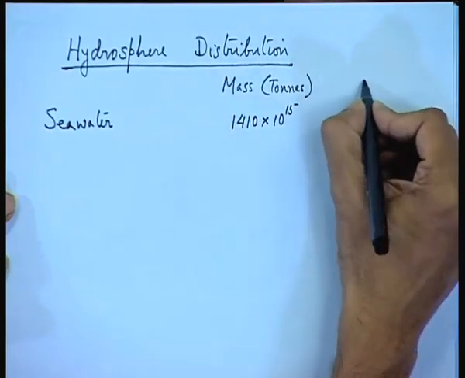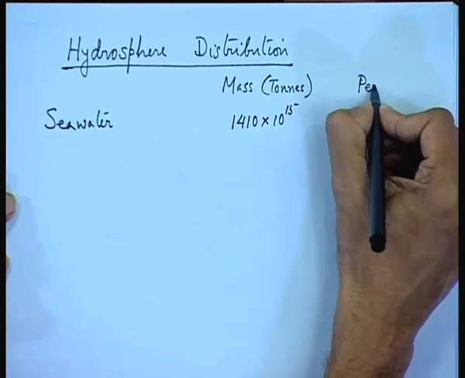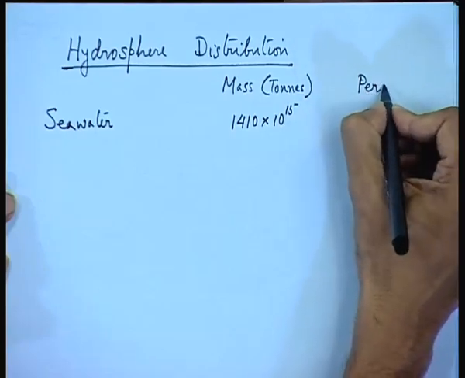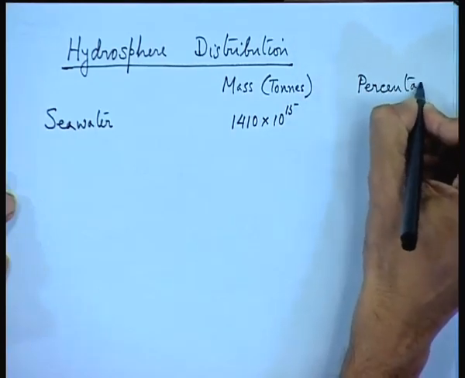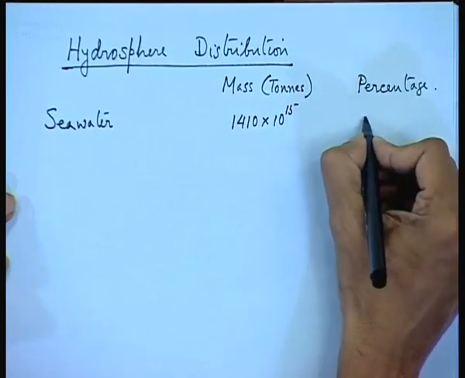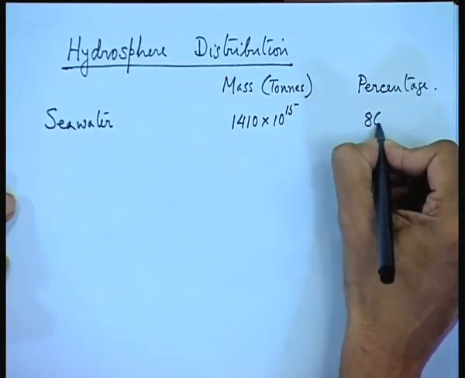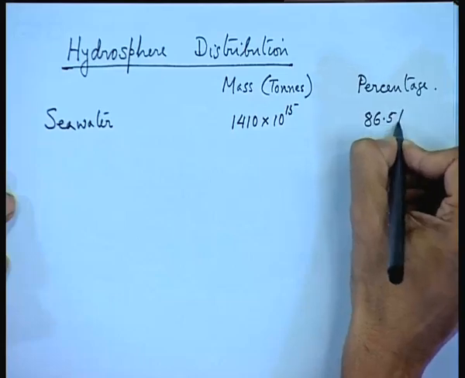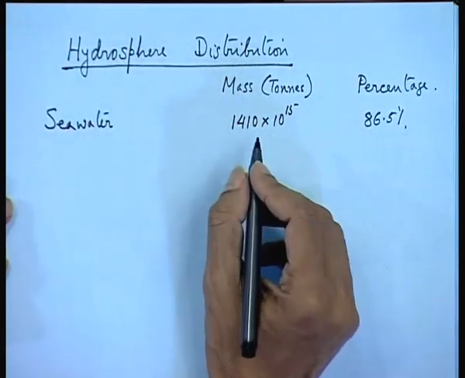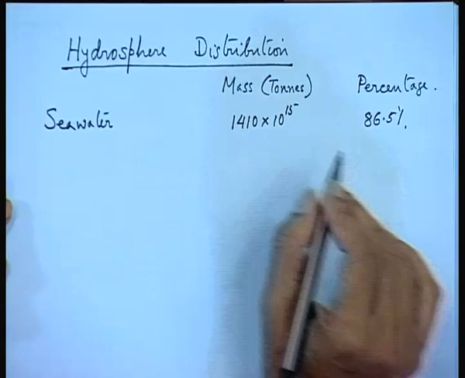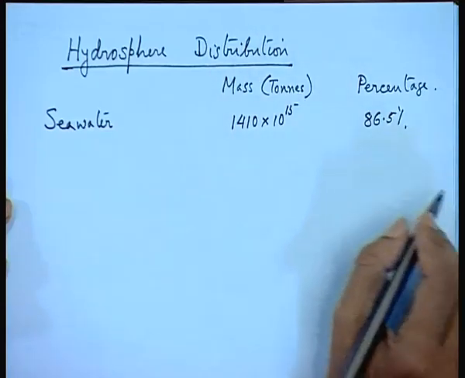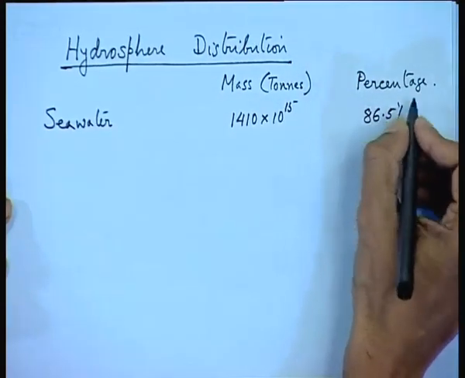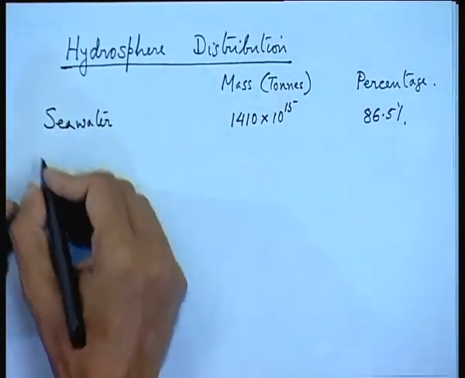Seawater is the maximum percentage, as you can see from this chart. It constitutes 86.5% of the hydrosphere. Hydrosphere is the total water inside the earth. So, seawater constitutes 86.5% of the total water mass.